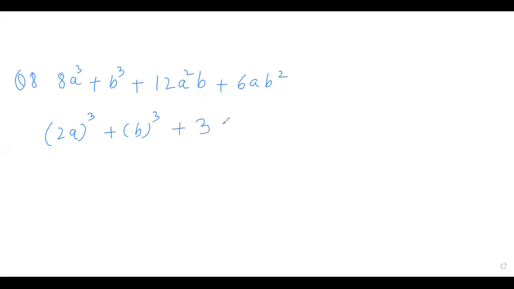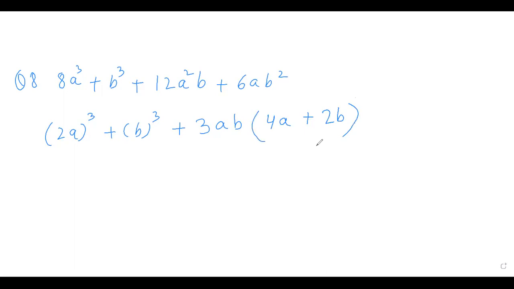Out of these two terms, I can take 3ab as common. It is present in both the terms. Then what remains in the bracket is, here it remains 4a, and here in the next term it is 2b.